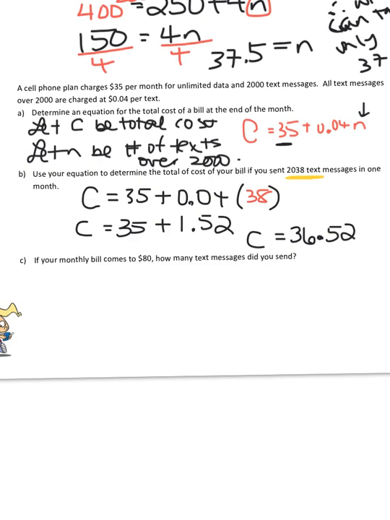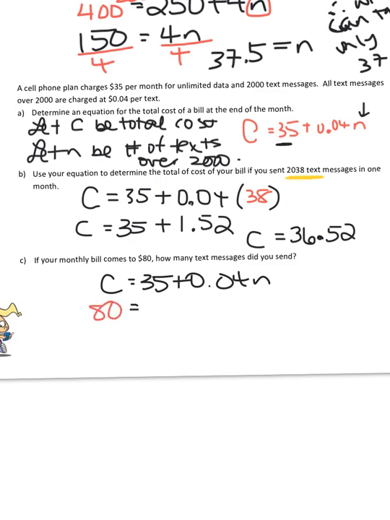Okay. Now the last question is saying if your monthly bill comes to $80, how many texts? So remember that our equation is this for our number of texts over 2,000. Now if I have to pay $80, that comes over here.